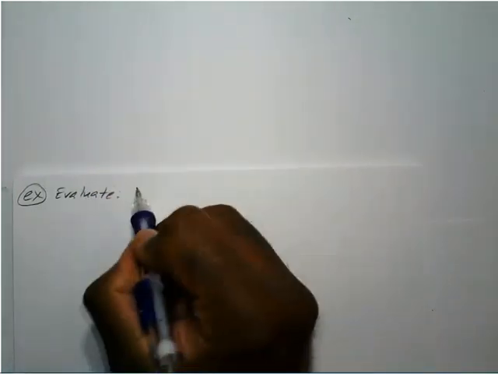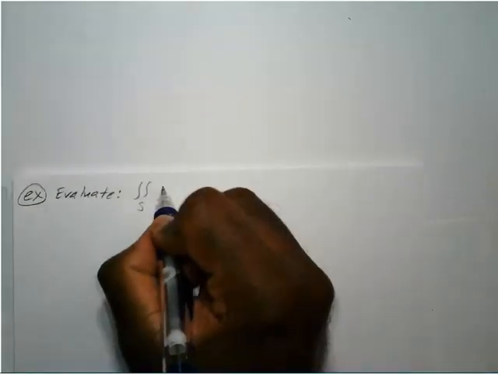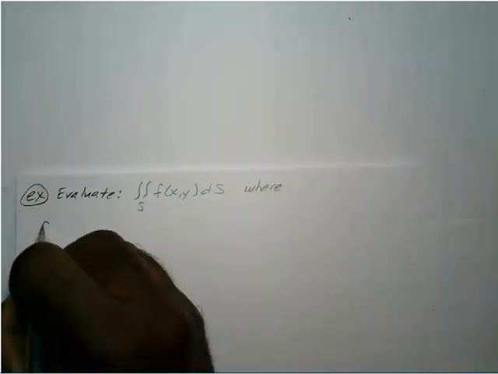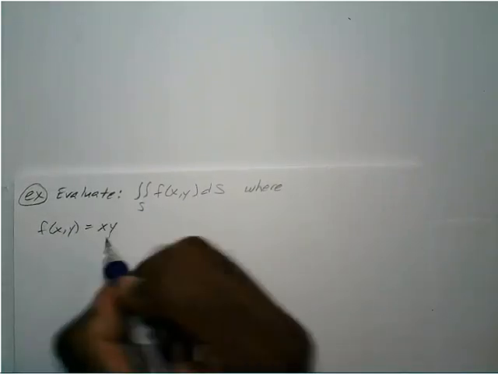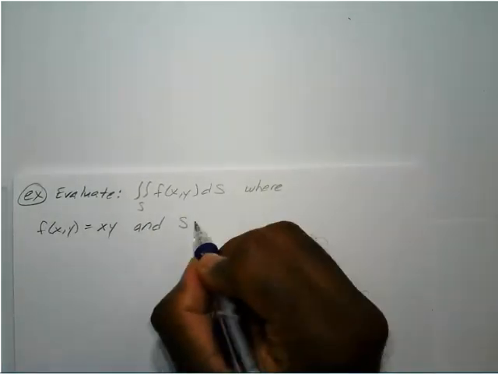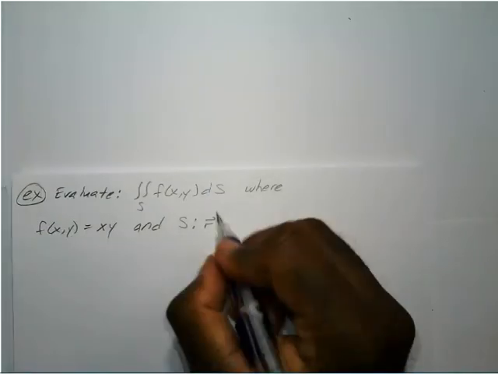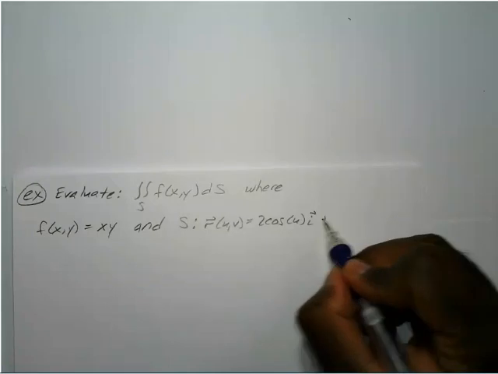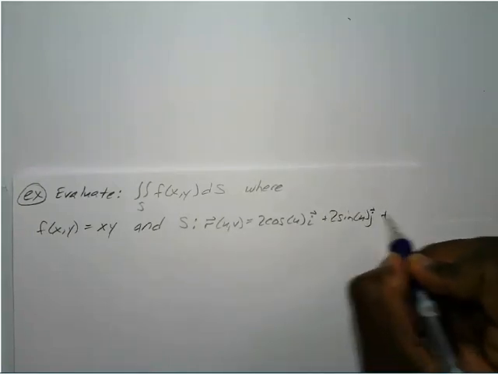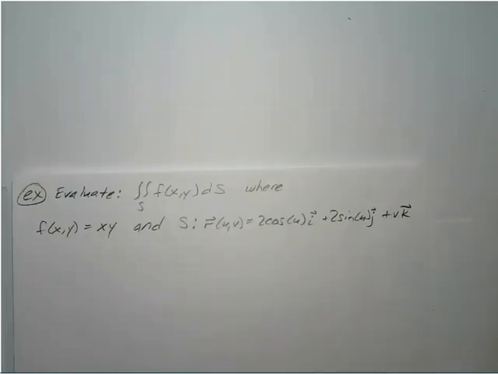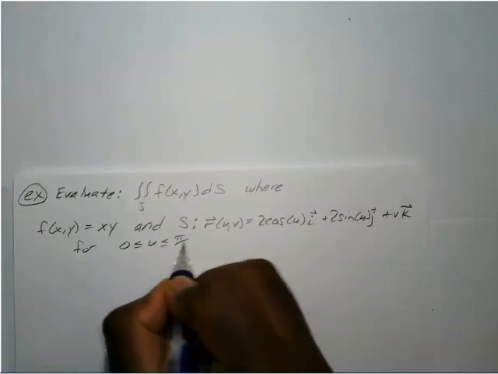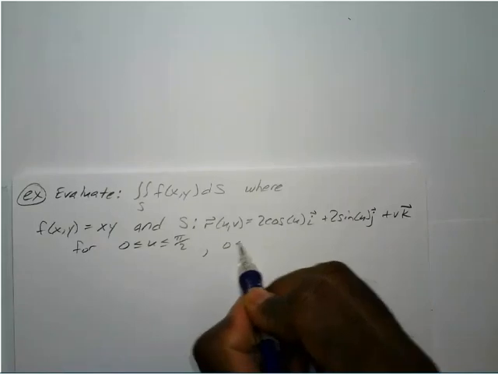Okay, so let's say, for example, we wanted to evaluate our double integral of f of x, y with respect to S, where our f of x, y is equal to xy, and our surface is the vector function 2 cosine of u times the i unit vector plus 2 sine of u times the j unit vector plus v times the k unit vector, where u is between 0 and pi over 2, and v is between 0 and 2.